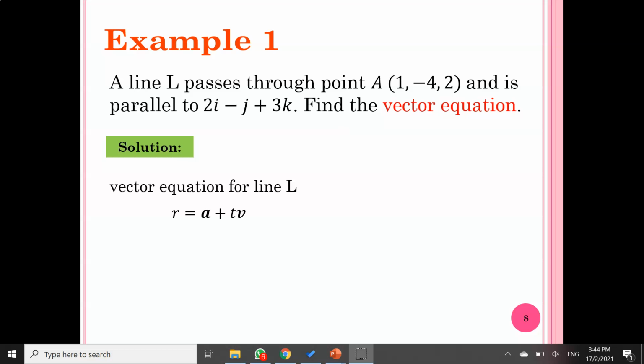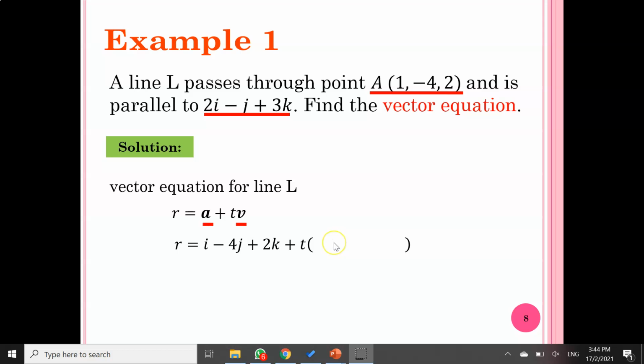First of all, we know that the vector equation is given by this formula, r equal to a plus tv. Now you already have your a, which is the position vector a over here, and you need to find v, the direction vector. The direction vector is given by this, so you substitute it into the formula.